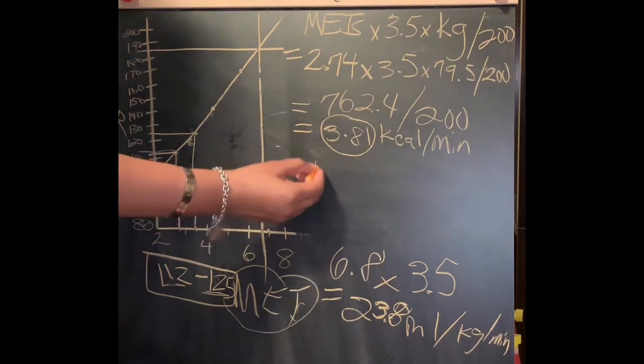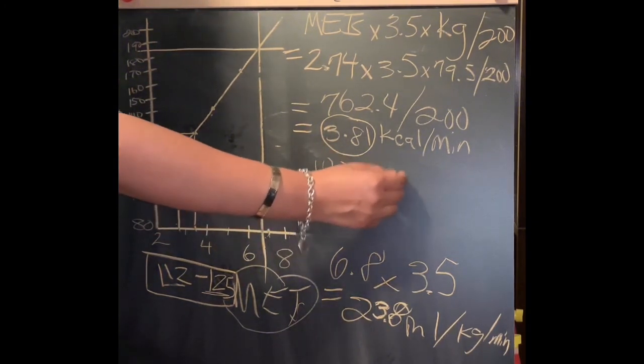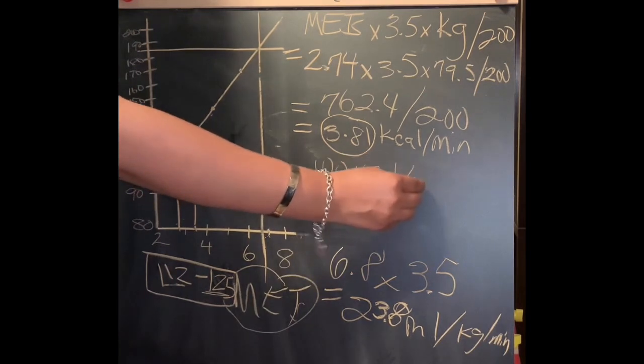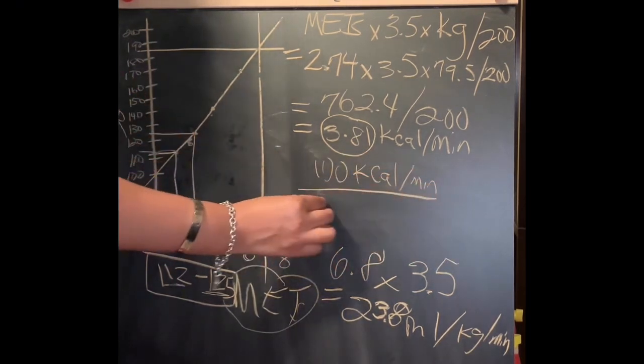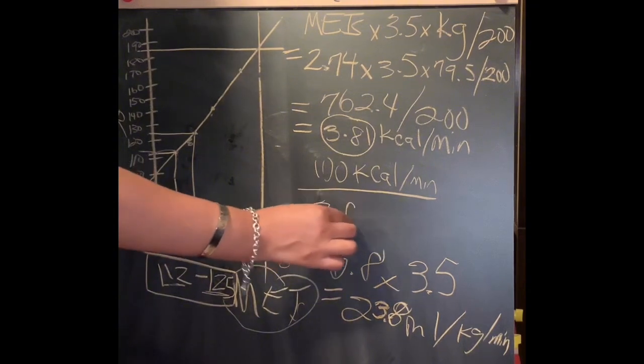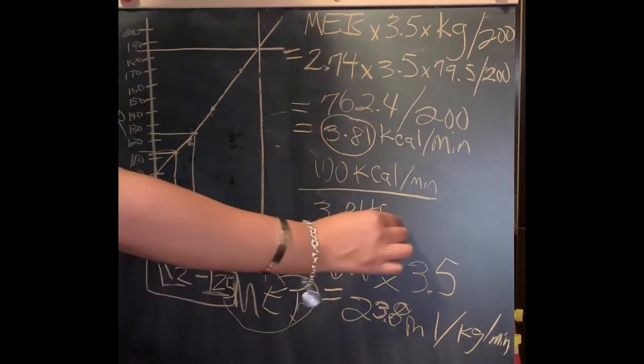So what we do is we take the 100 kilocalories and divide it by 3.81 kilocalories per minute.